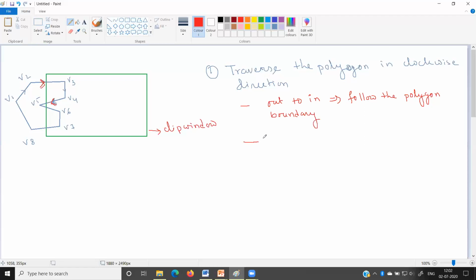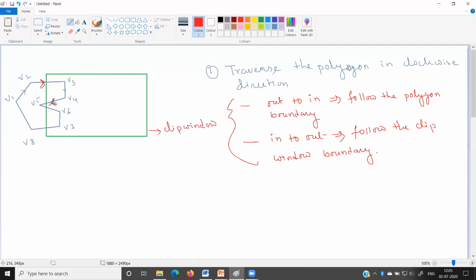But if you are moving from in to out, in that case what do you have to follow? You have to follow the clip window boundary. That means you have to follow the boundary of the clip window. So these two are the basic considerations for the Weiler-Atherton polygon clipping algorithm. Clear? Now I will show you how this algorithm works and how it can clip the polygon with respect to this clip window.